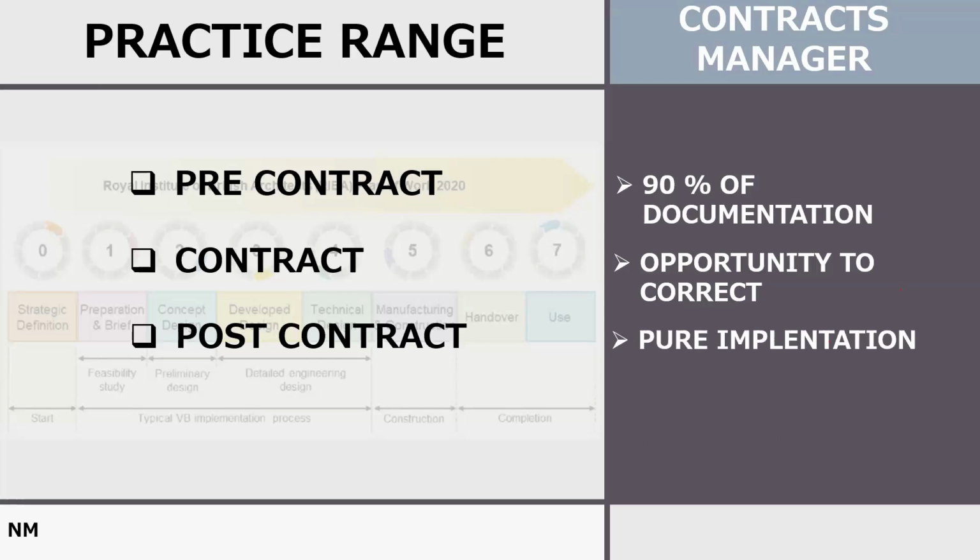If a party breaches any obligation against you, you have to reserve your rights to get compensation. Or if nothing happened, then you have to reserve your right to whatever is due in return for performing those obligations. So those are the main 3 stages we can see in the practice range of a contracts manager.